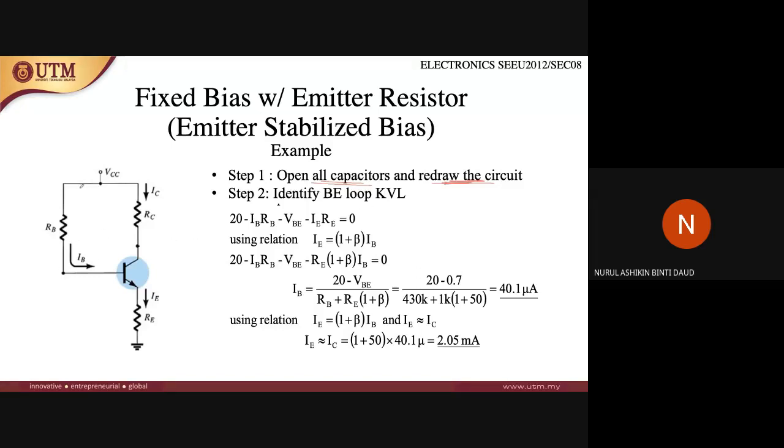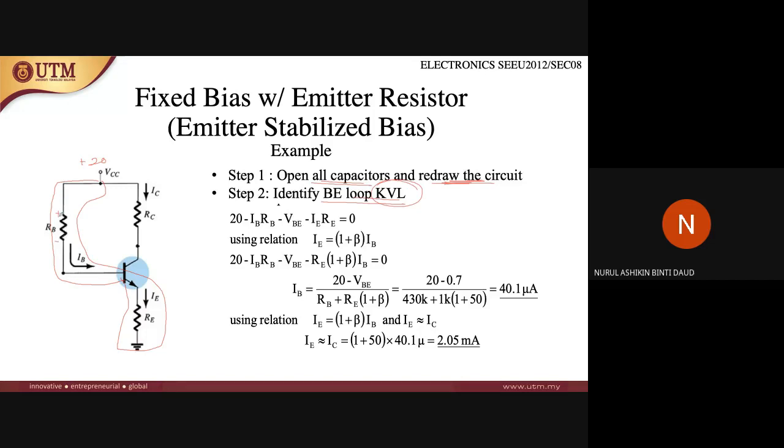Next, from the circuit that you have redrawn, identify the BE loop for you to decide the KVL, Kirchhoff voltage law. So the BE loop is here. In the BE loop, VCC is given as 20 just now, so this is positive 20. Here is positive, here is negative.